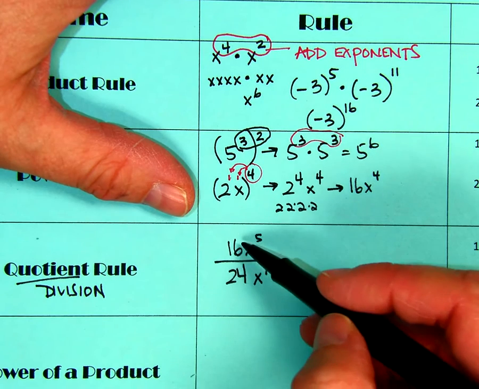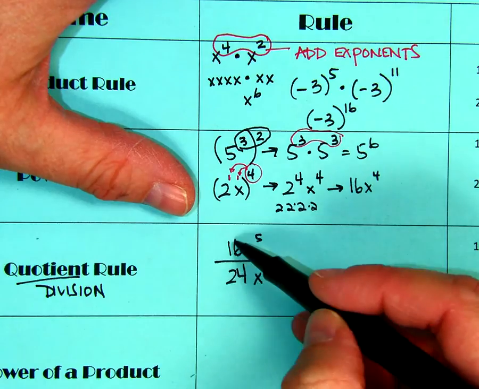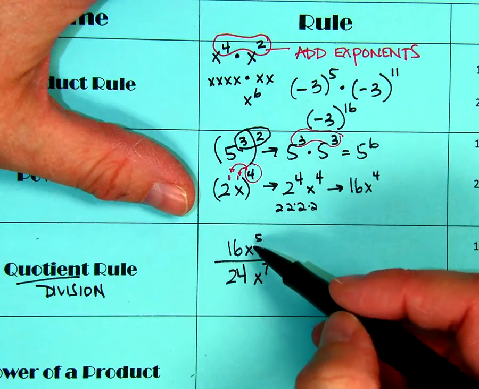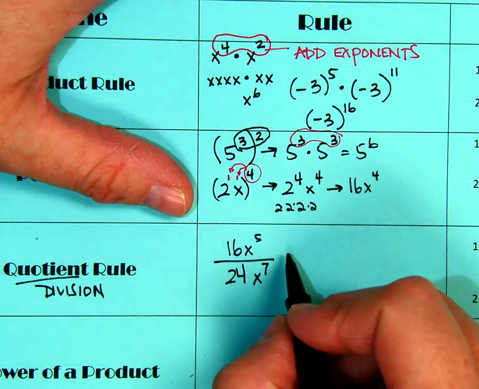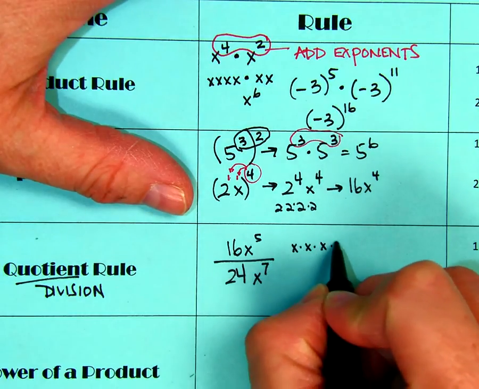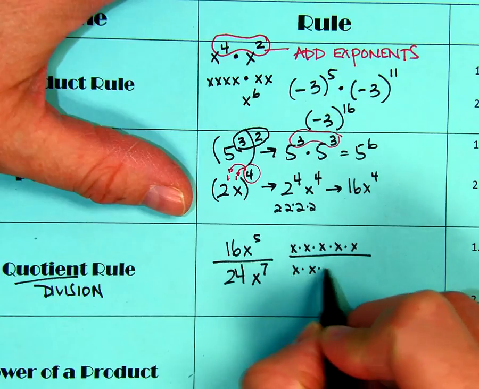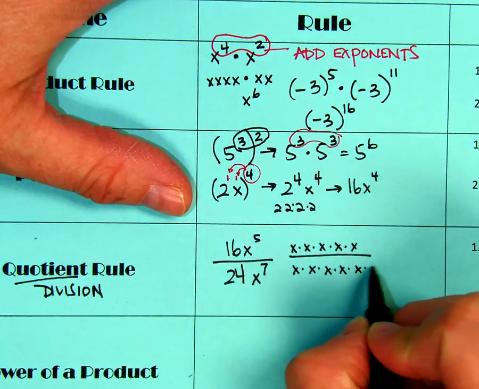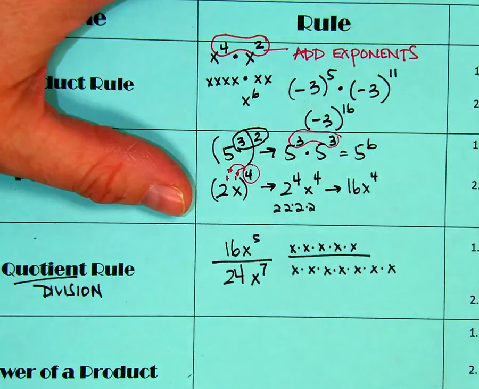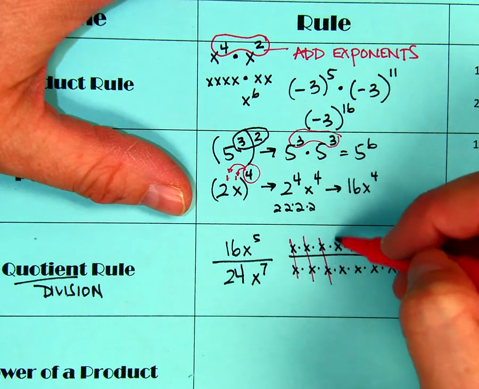The most common error is to be looking at the 16 and the 24 incorrectly. What we are doing here is, if you think about it, we have x times x times x times x times x over 7 more x's. And when we cancel them out, they divide by each other and give me a 1.